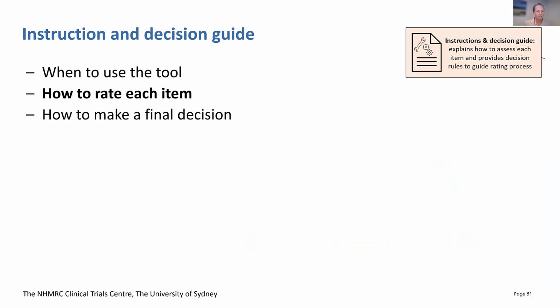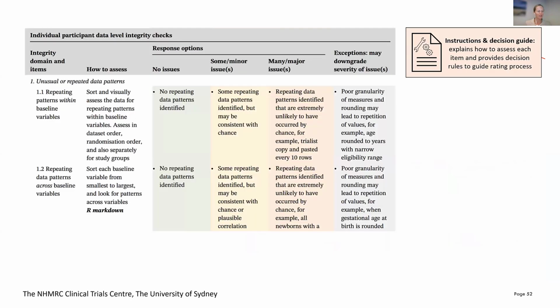There may be many more as well. Then our decision guide goes through how to rate each item. It looks a bit like this. There's a big table in the publication, which essentially has each item, how to assess the item, and some of this is semi-automated, and then how to respond. You need to rate it based on the instructions here, so it is quite step-by-step.